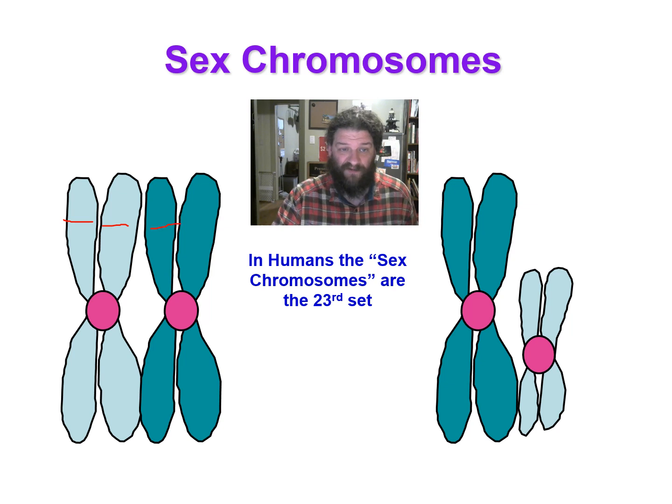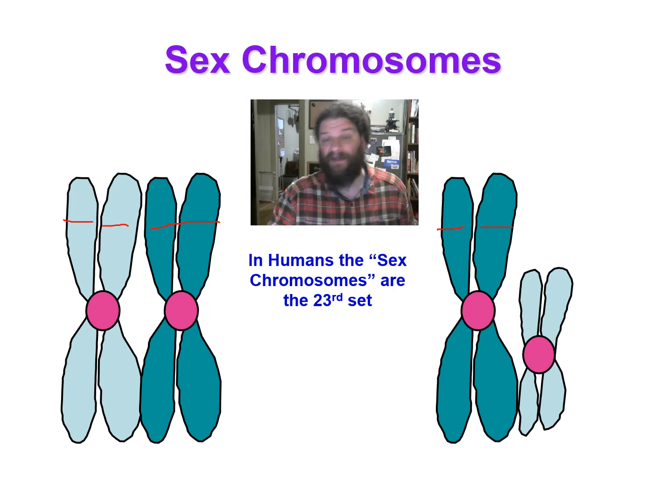I'll find it here, I'll find it here, I'll find it here. Heck, I'll find it here and I'll find it here because it's on an X chromosome. Now, when I look at the Y chromosome, well, there isn't a locus up here now, is there? Because that Y chromosome is a little bitty thing, and there isn't much on the sex chromosomes.